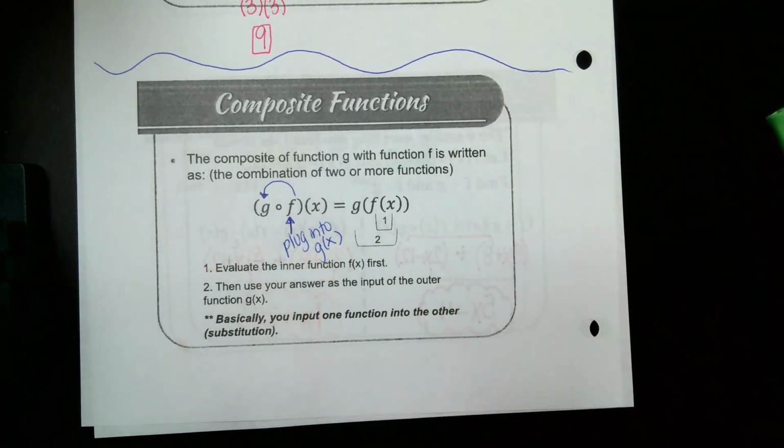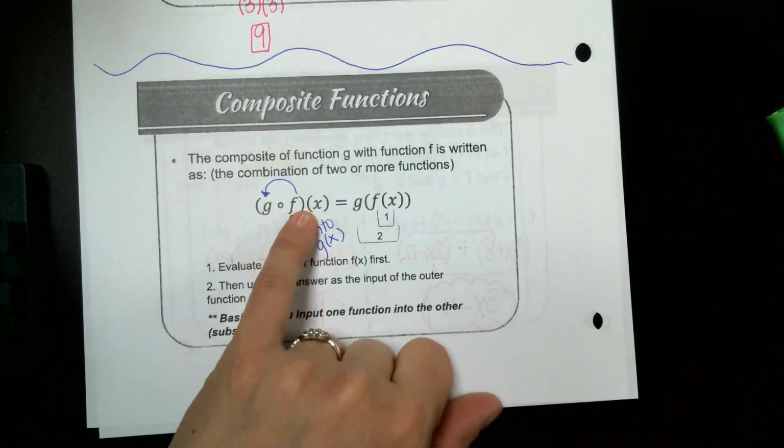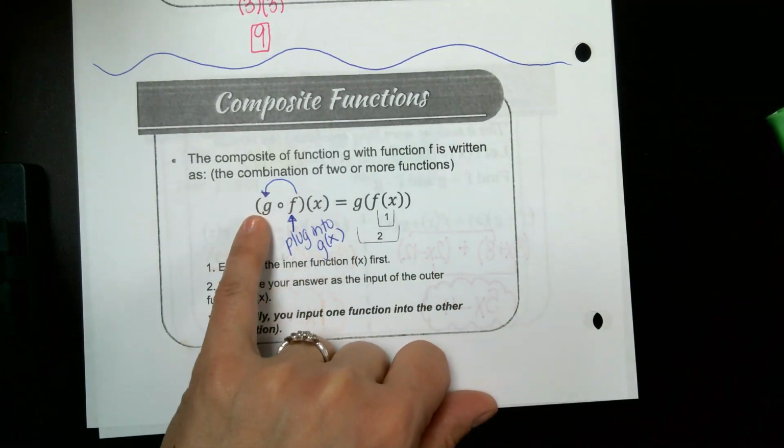We are going to take one function and plug it into the other where the letter is. Whenever we say substitute, that means take the letter out and put whatever it equals in its place, right? So I'm going to tell you what f of x is, and you're going to plug it into G.